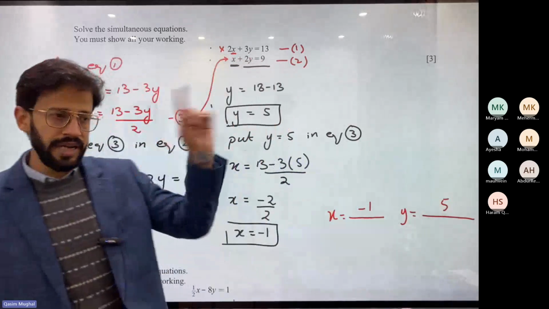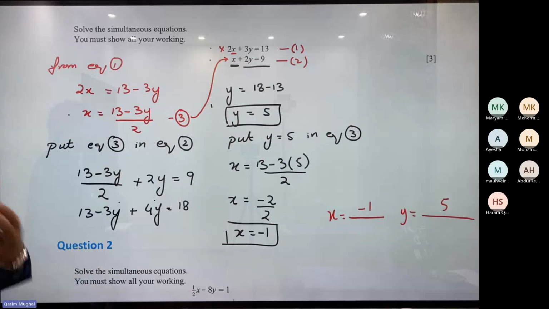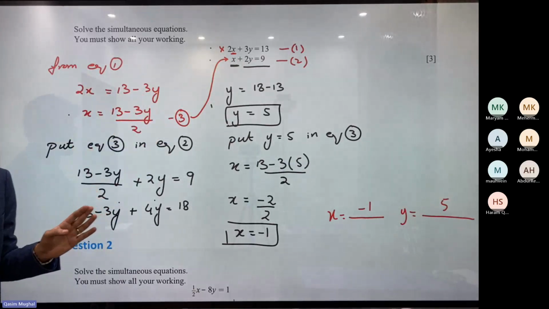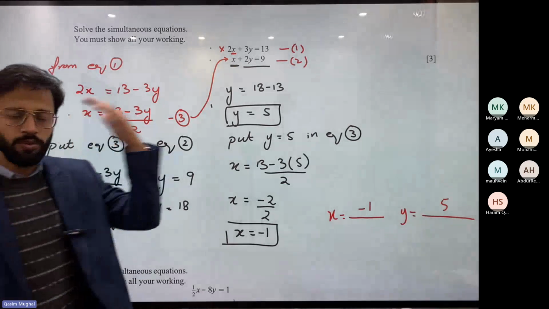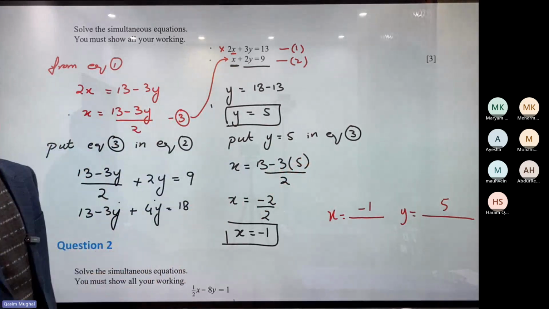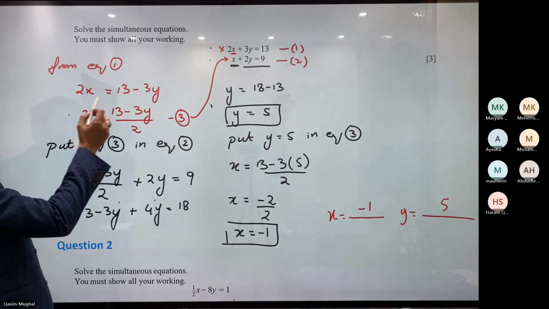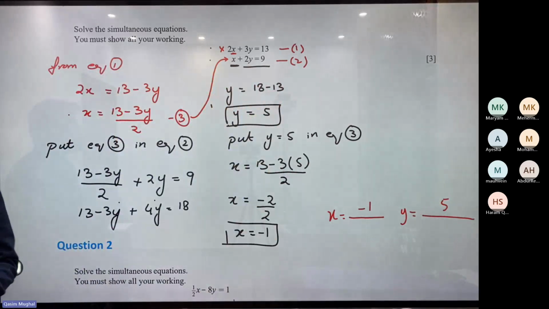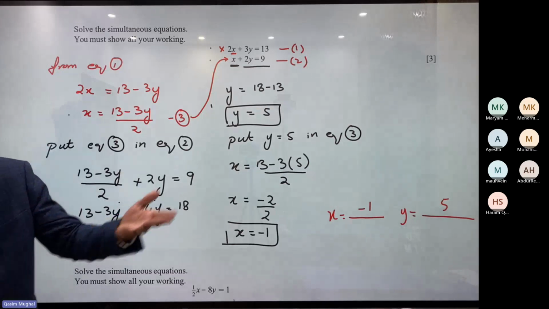Talking in context of examination, you need to make smart choices. In order to make smart choices, you should know what steps you are going to take ahead. Now, once I choose a variable and an equation, I should know that I'm going to make that variable the subject.